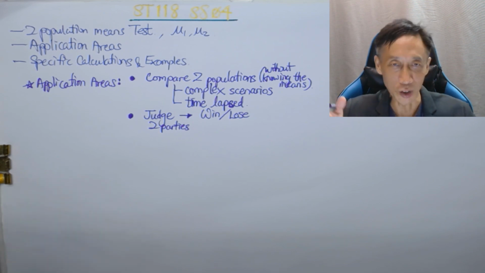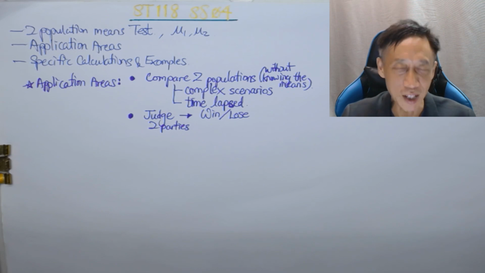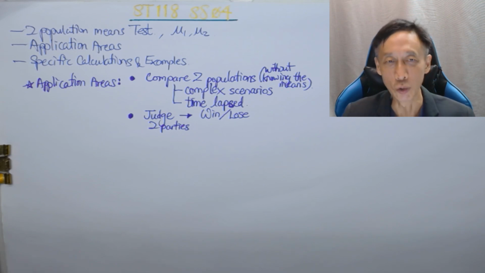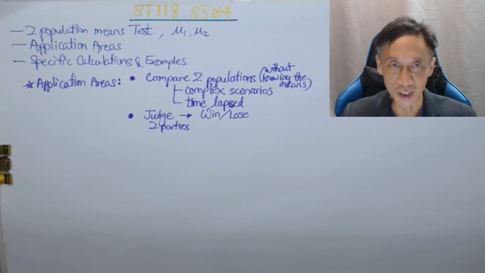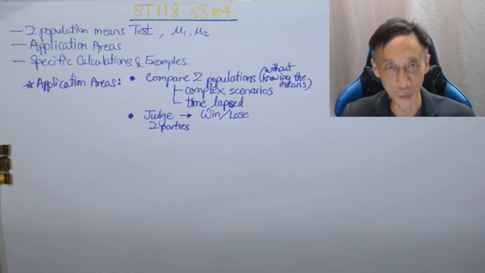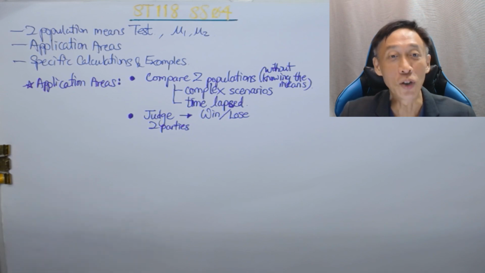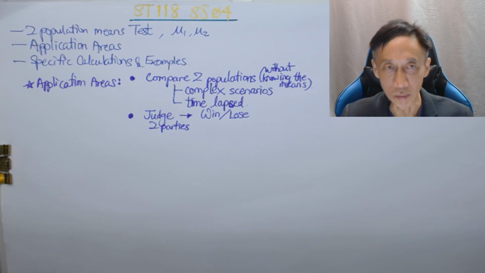Or maybe it's not a job candidate. It could be two sales employees. There's now a vacant sales manager position. So who should be promoted, right? Okay, so based on past performances, randomly picked, right, and then we can decide.